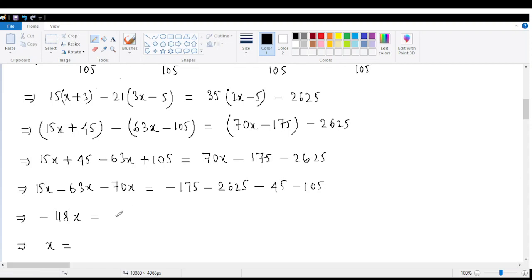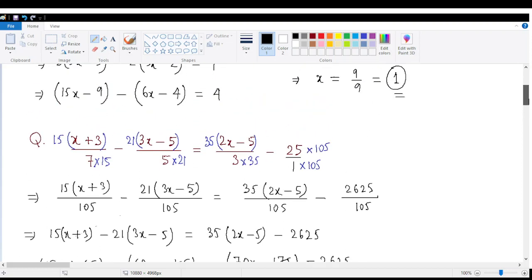So the answer is negative 2950, and finally we get negative 2950 over negative 118, so the negative signs will be gone. 2950 over 118 gives us 25. The answer is 25.